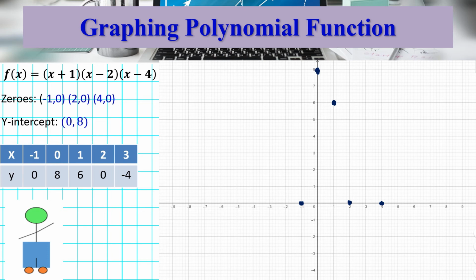Then, we have (2, 0) na-plot na natin. Then, next, we have (3, -4). So, 3 ang ating x and negative 4 ang ating y. So, bababa tayo dito ng konti, sa tapat ng positive 3 at sa tapat ng negative 4 na y. Ayan, so, na-plot na natin yung mga points.